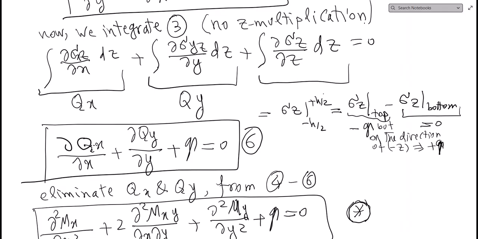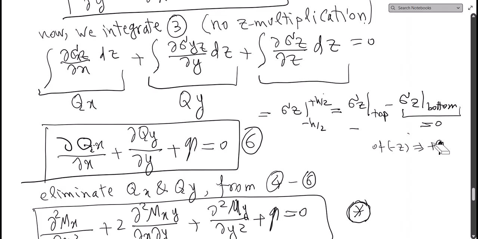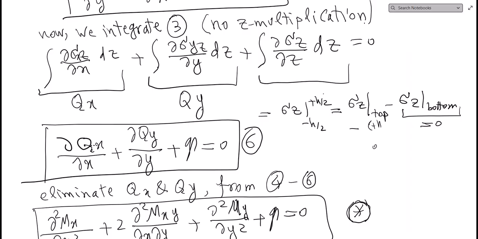Just to be clear, so we are calculating here. Let me clear this maybe and rewrite it. The answer is correct, so it should be Q, but I wanted to explain why that is. When I say top, I mean h over 2.